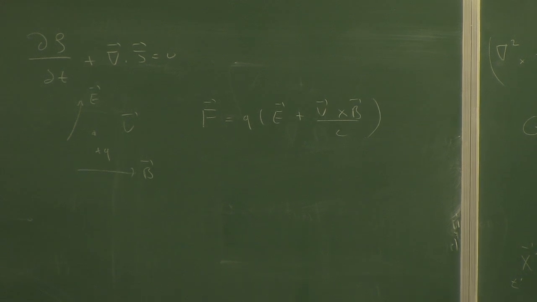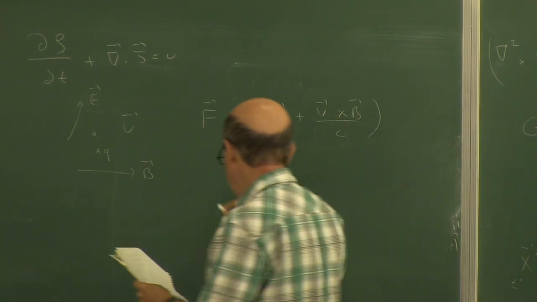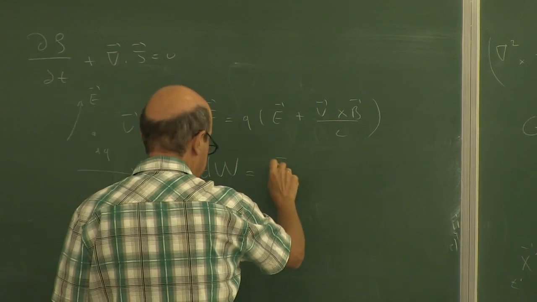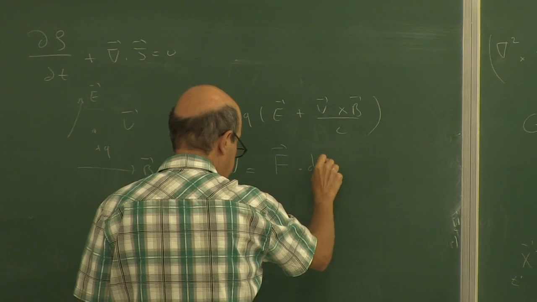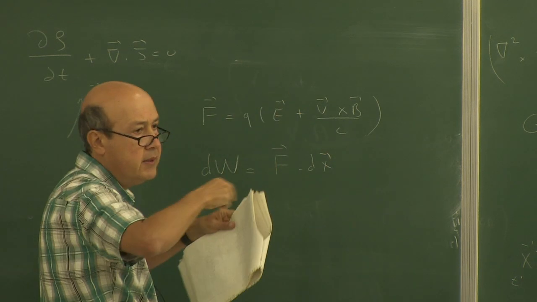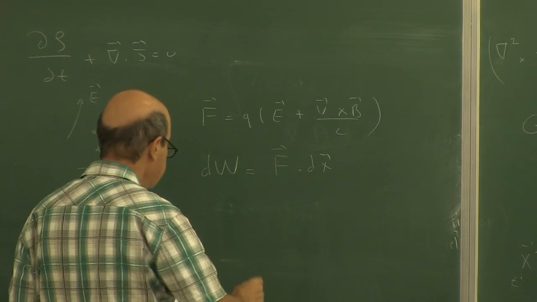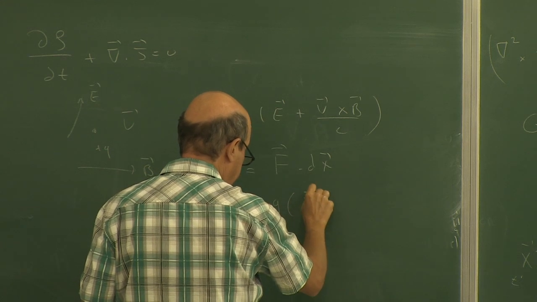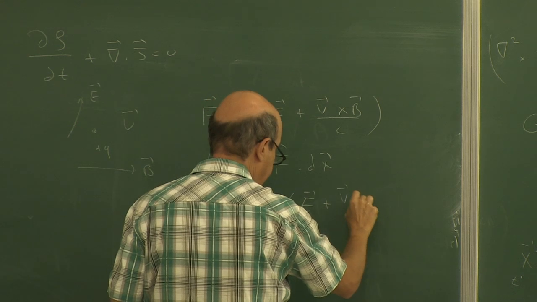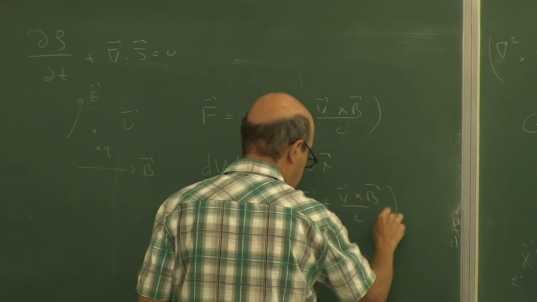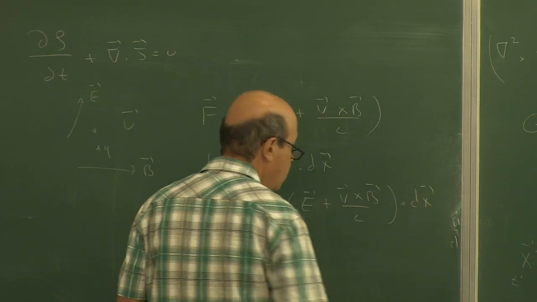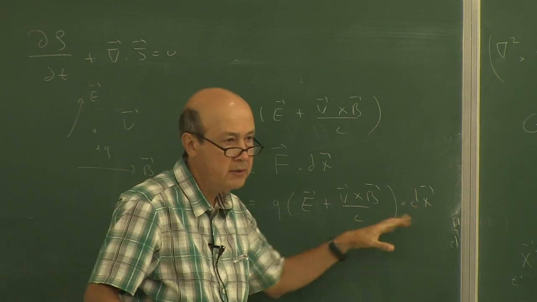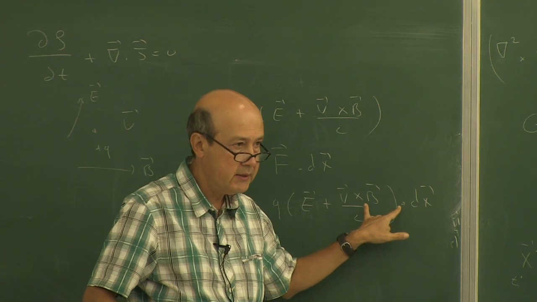That is very simple. The work is equal to what? F dot dx. dx is a path element in 3 dimensions. So the Lorentz force dot product dx is the work. You can automatically see that dx and v are parallel to each other, so the second term should be 0.